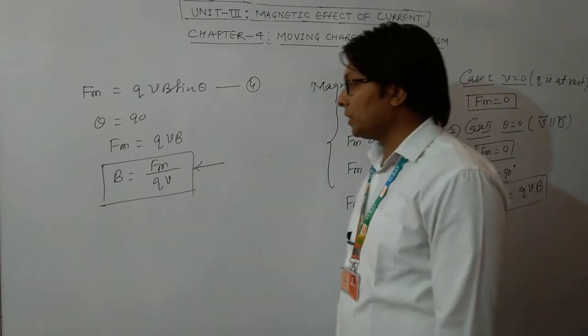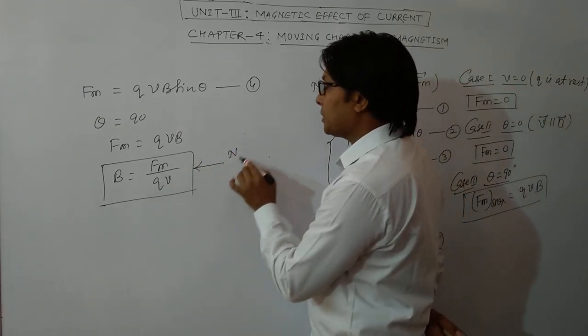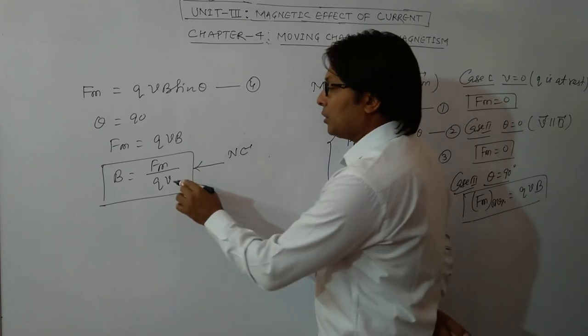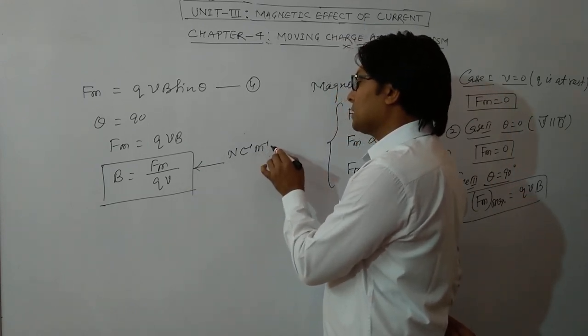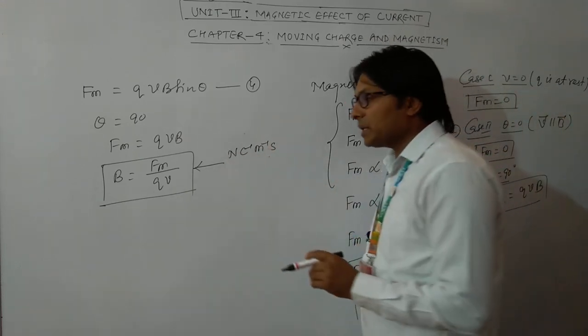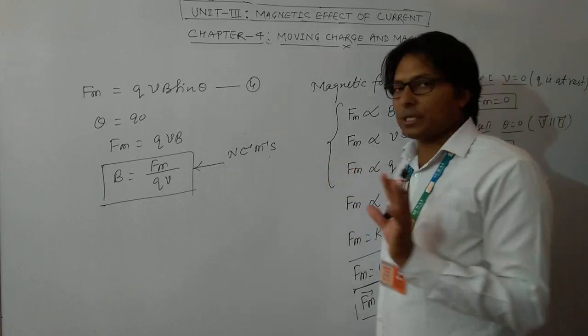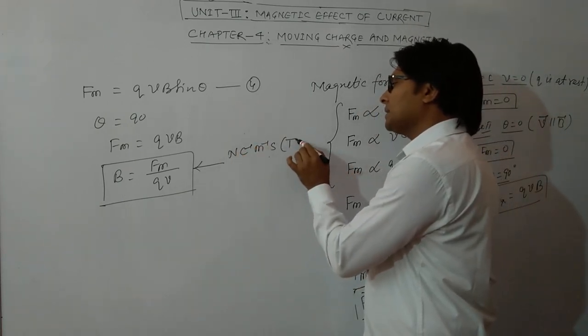What should be the unit? The unit of force is Newton, the unit of charge is Coulomb, and the unit of velocity is meter per second. So it comes out to be Newton second per Coulomb meter. Okay, so this is the unit, but we will not use it anymore. This unit is termed Tesla.